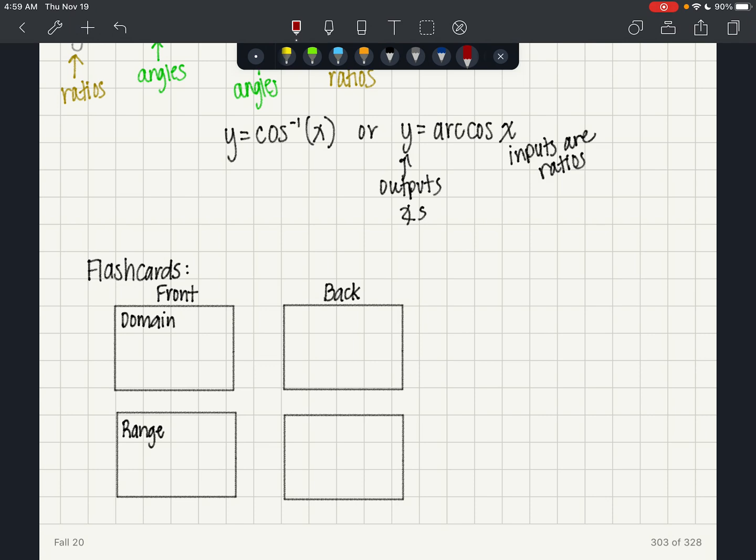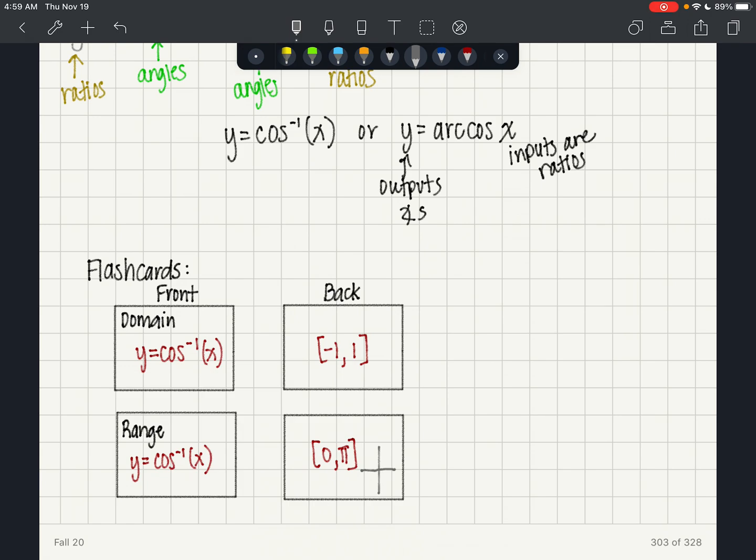Our domain on the front, y equals inverse cosine of x, and the domain are your ratios, which is -1 to 1, and your range for y equals inverse cosine of x is 0 to pi.